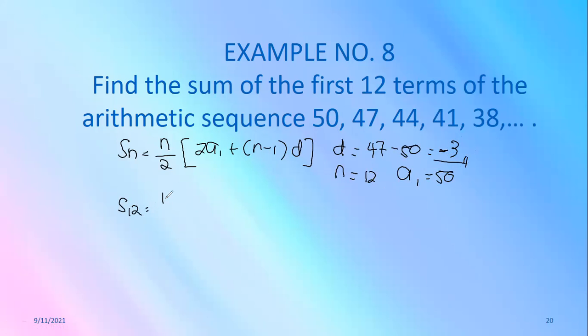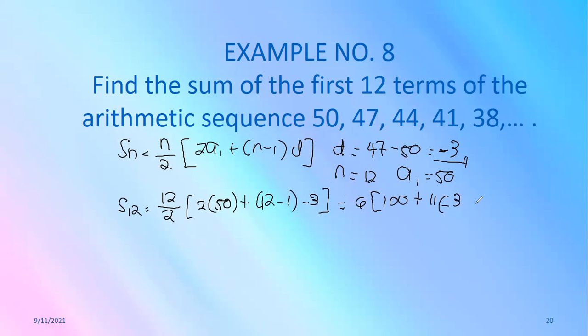So this is equal to 12 over 2 multiplied by 2 multiplied our first term which is 50 plus 12 minus 1 multiplied by negative 3. Okay, so this is also equal to 6 multiplied by 100 plus 11 multiplied by negative 3.